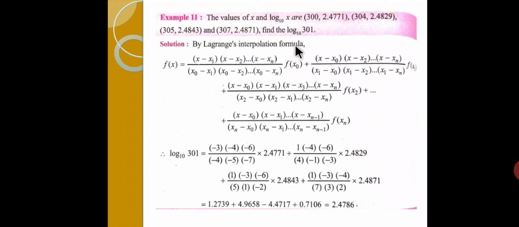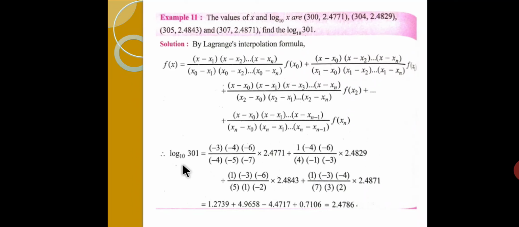By Lagrange's interpolation formula, f of x is equal to (x minus x1)(x minus x2) and so on (x minus xn) by (x0 minus x1)(x0 minus x2) and so on (x0 minus xn) into f of x0, plus and so on, plus (x minus x0)(x minus x1) and so on (x minus xn minus 1) by (xn minus x0)(xn minus x1) and so on (xn minus xn minus 1) into f of xn.